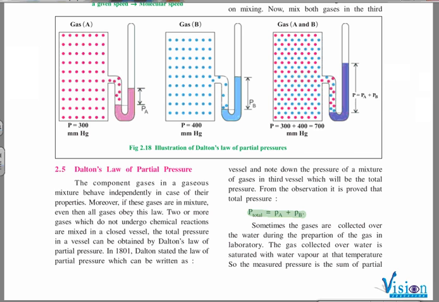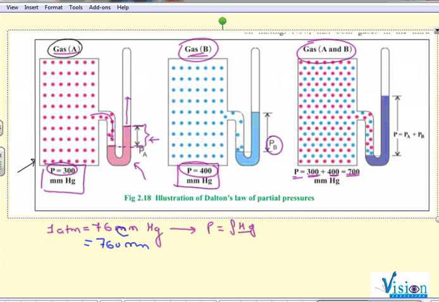Now what happens sometimes when we do an experiment? If we are doing an experiment over here, let's say during this experiment gas is produced, but that gas we do not directly collect.